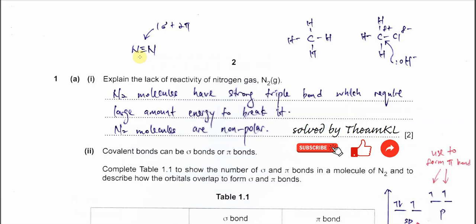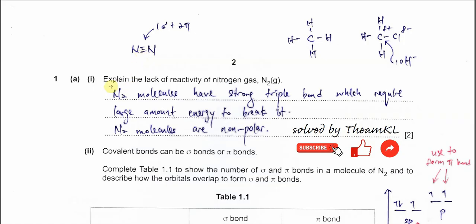When we say the molecules or species react with others, the molecules need to undergo bond breaking. Then it can react with others and form a new compound. It's just because this triple bond is too strong and hard to break. Therefore the nitrogen molecule does not easily react with others.